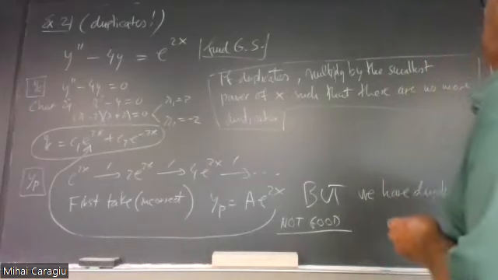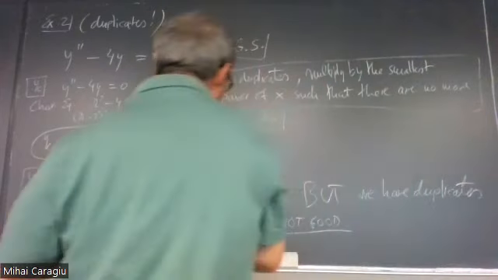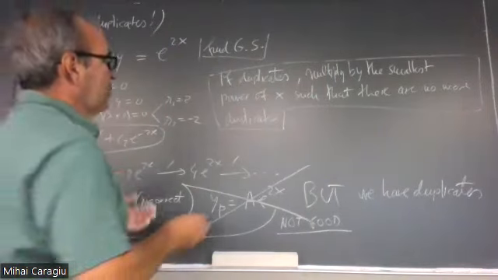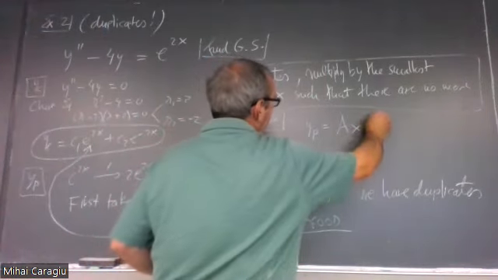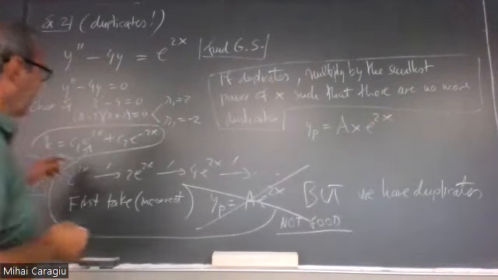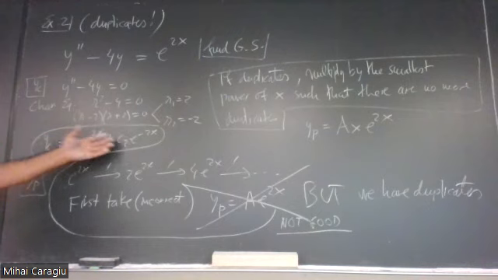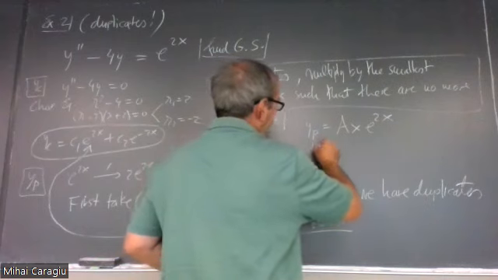If duplicates, multiply by the smallest power of x such that there are no more duplicates. So y sub p equals a e to the power 2x is not good. Instead, what do we get here? Y sub p equals a x e to the power 2x. And this one is good because I know a x e to the power 2x does not appear in any of the terms in the y sub c.